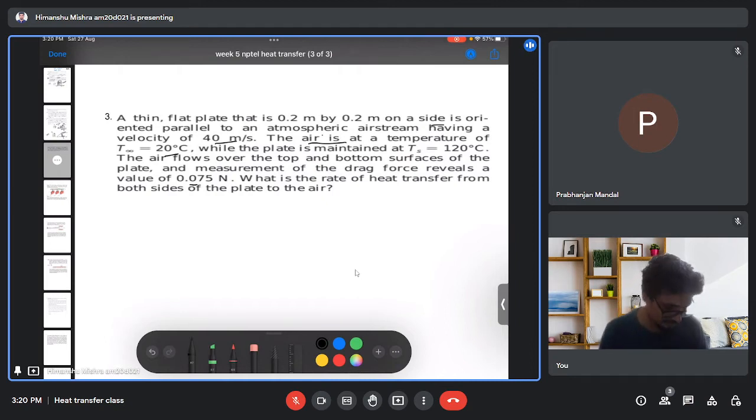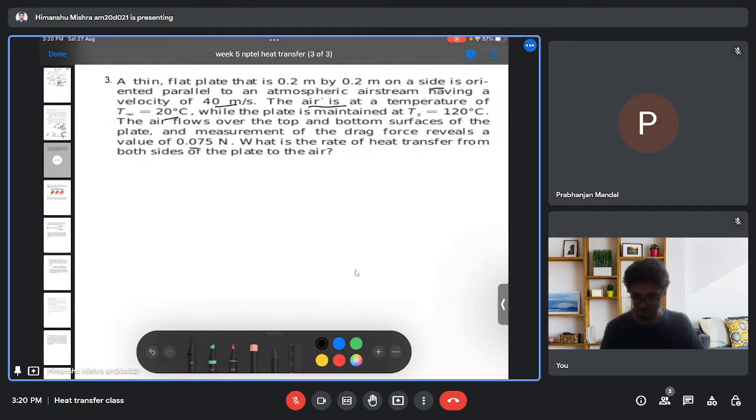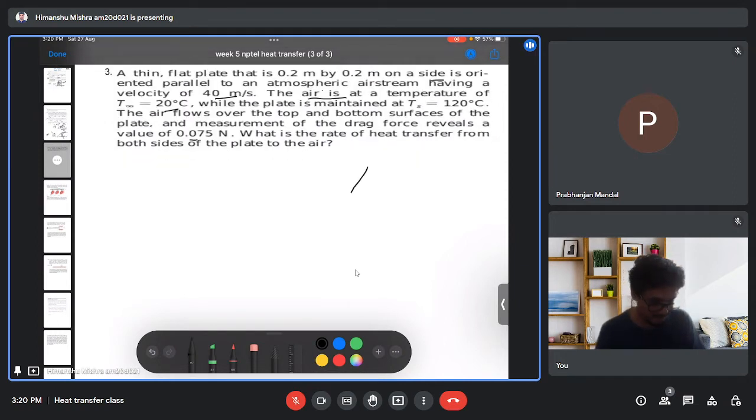Okay, what is the rate of heat transfer from both sides of the plate to the air? So we have a plate here.